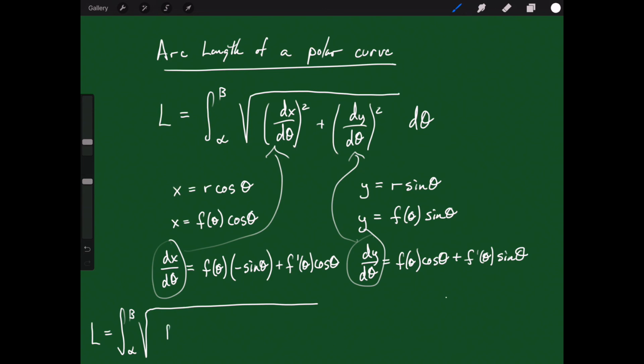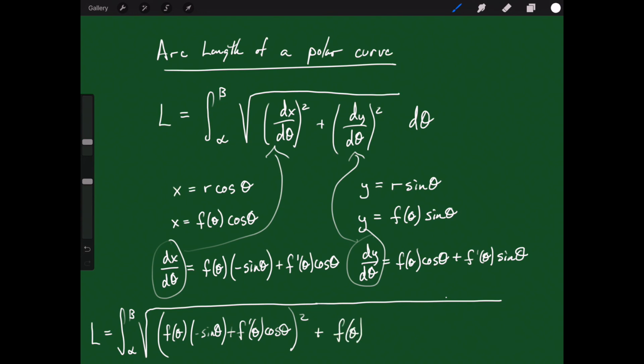So I get f of theta times negative sine of theta plus f prime of theta cosine theta quantity squared plus f of theta cosine theta plus f prime of theta sine theta quantity squared d theta.